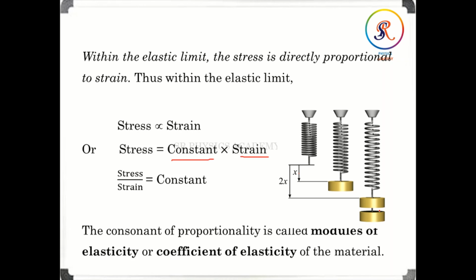Depending on the material, different springs will have different spring constants, which can be calculated. So when we calculate, we will get a different constant depending upon the different materials. The figure shows 3 instances. The first is the stable condition of the spring.